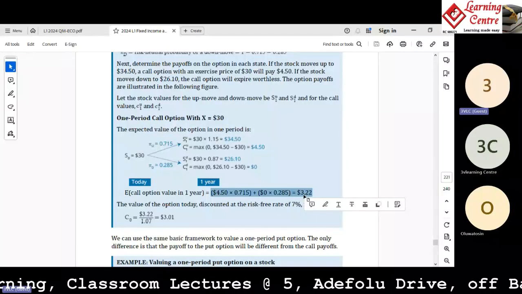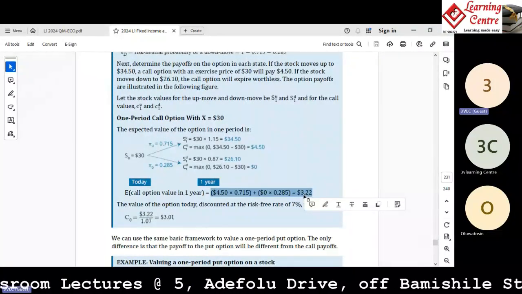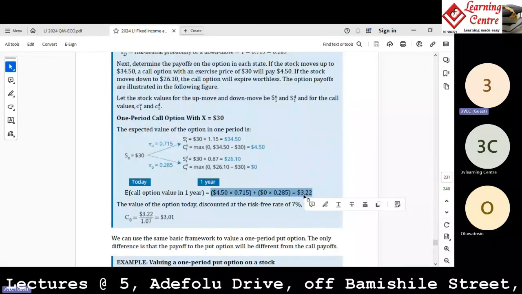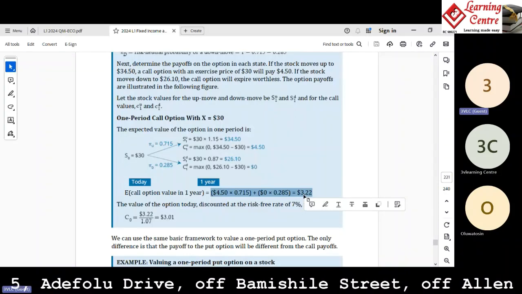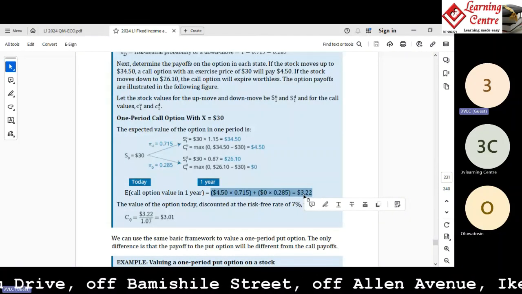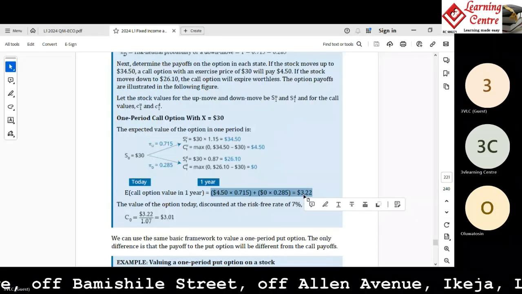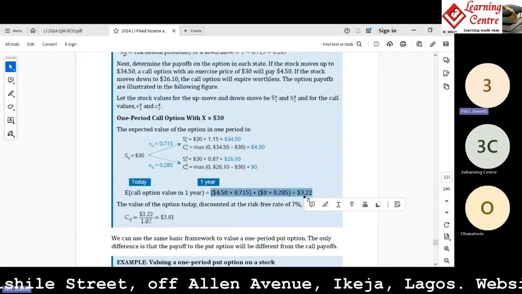Now, for this one, am I exercising? No. So therefore, the value of this is 0. 0 times whatever the probability, which I don't really care, because this will give me 0. So my answer is basically 4.5 times this, which is 3.2. That's the answer for that.